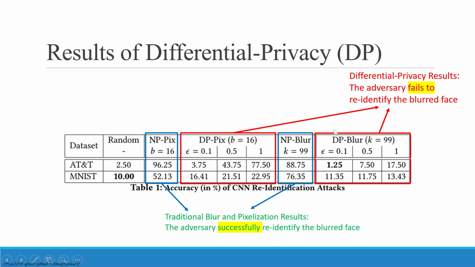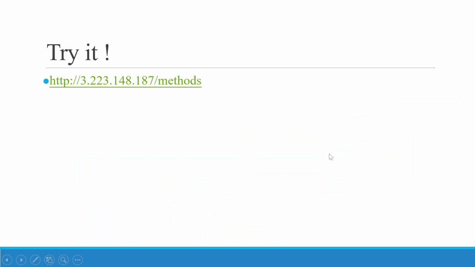But when we apply the differential privacy protection, the accuracy will tend to be very low. So it means the differential privacy protection can lower the result of this machine learning based attack.